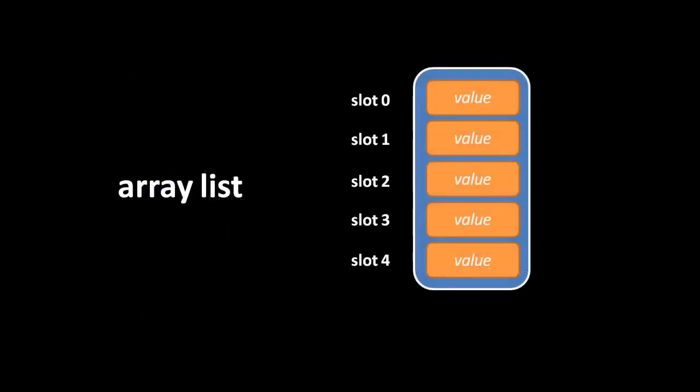As the name implies, an array list is a list stored in the form of an array. If at any point our list exceeds the length of the current array, what we do is create a new larger array and copy over all the existing values. Now, of course, copying all the existing values into a new array gets expensive, especially as our list gets larger.